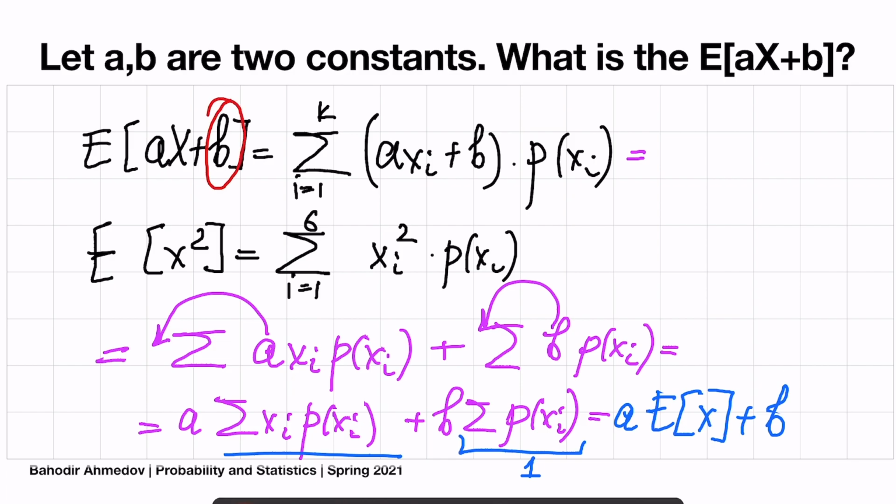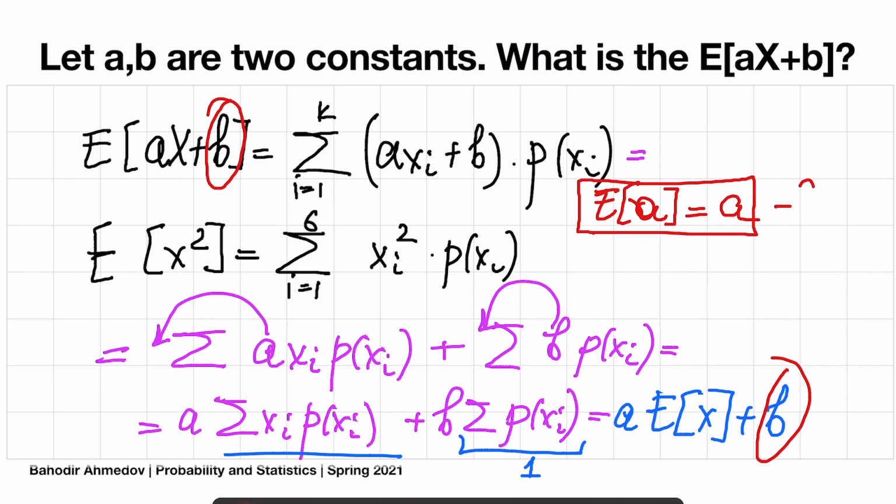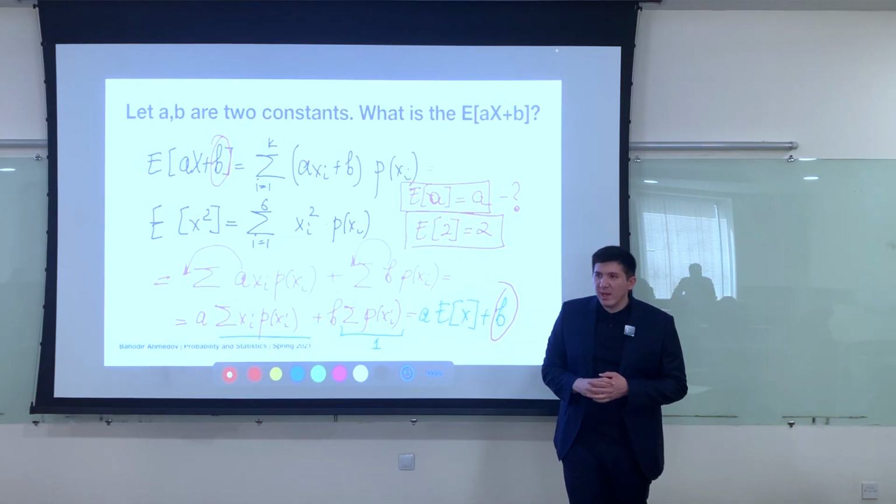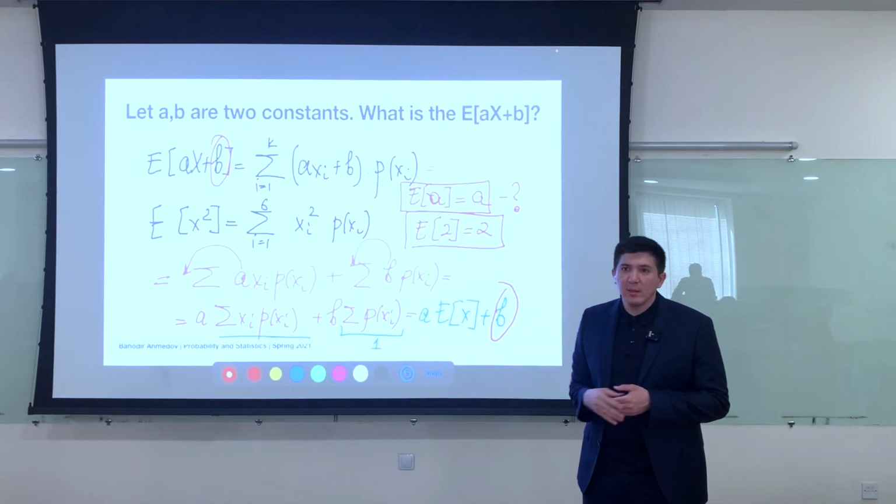Can you try to explain to me why the expected value of a constant is a constant? Or let's say, for example, the expected value of 2 is equal to 2. So what does this expected value of 2 mean? It means that you're doing the experiment, right?